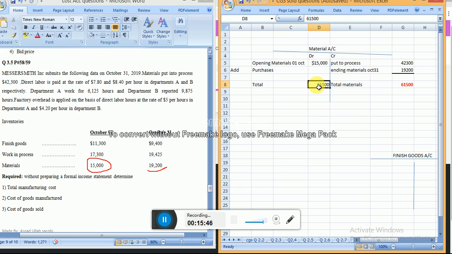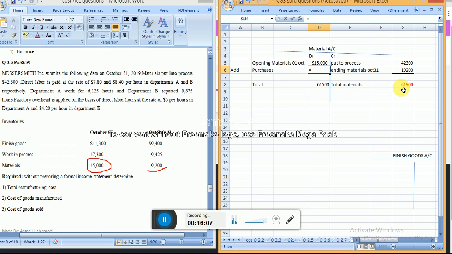But look, our debit side is not equals to 61,500. On debit side we only have 15,000 and purchases are missing. So how much will be our purchases?